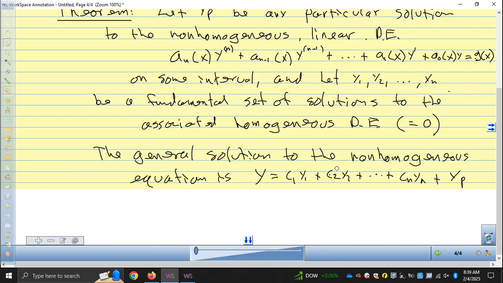So when we solve a non-homogeneous differential equation, we have to include this solution to the associated homogeneous equation.